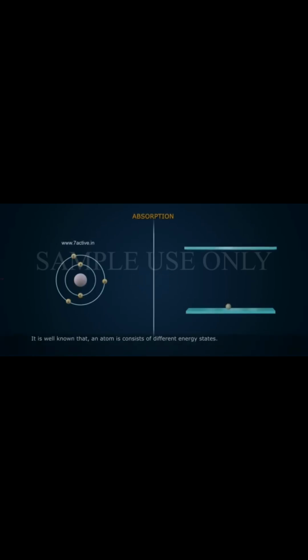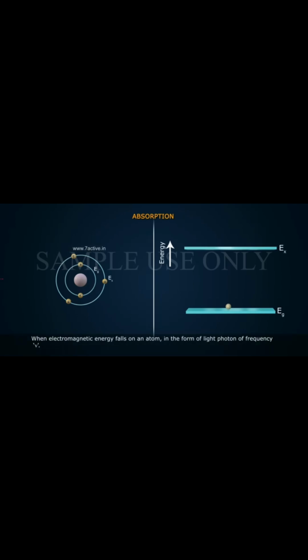Absorption. It is well known that an atom consists of different energy states. Let us consider 2 energy states of an electron. Let us say ground state as Eg and excited state as Ex.